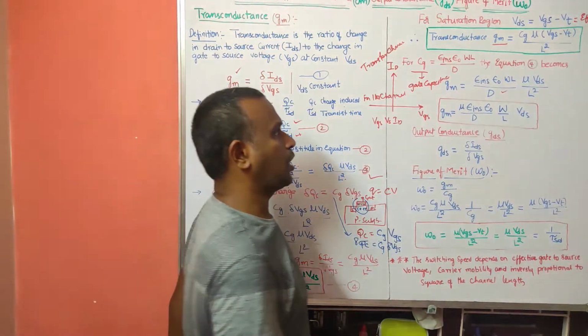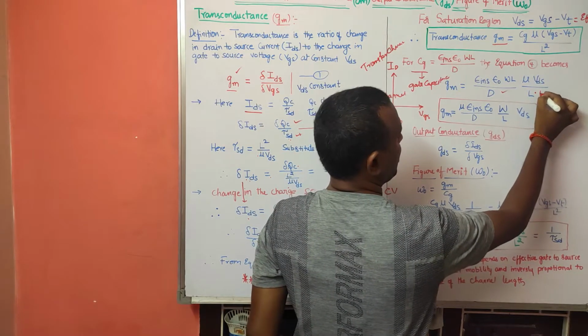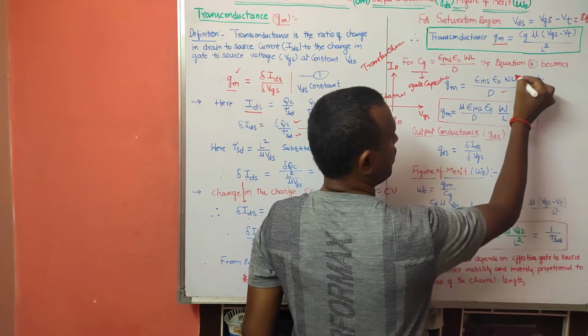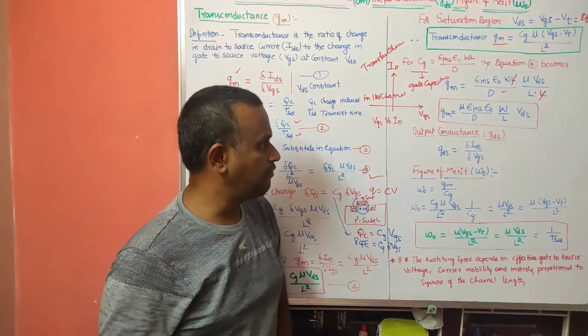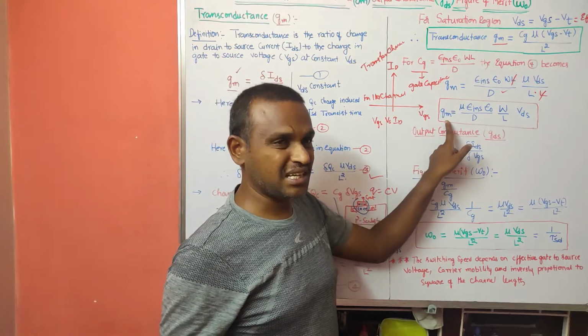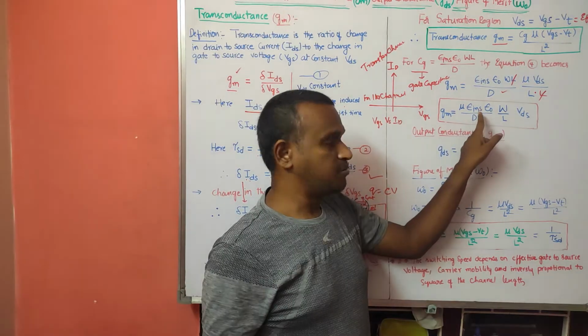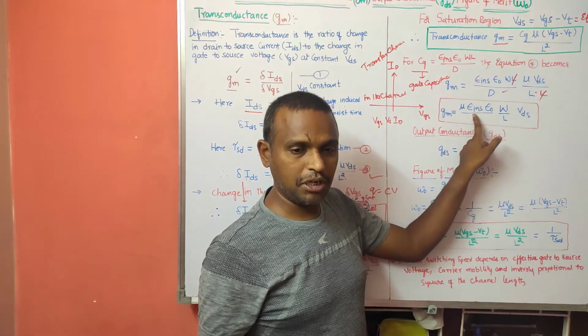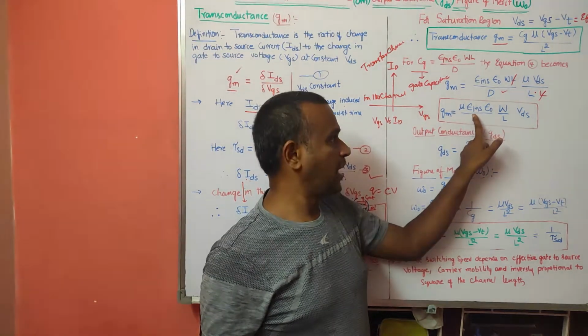If you observe this, L square is there, so we can write L into L. So this L will be cancelled with this L, and the remaining thing we will get is the transconductance in terms of the mobility of the carriers, epsilon insulator, which is the permittivity of the free space, and the permittivity of the silicon dioxide.